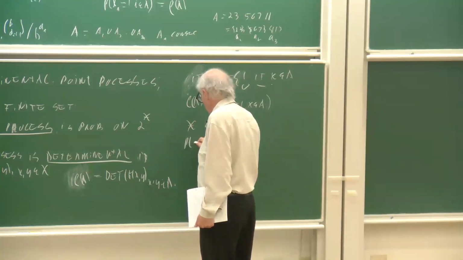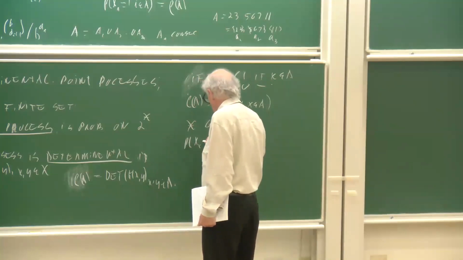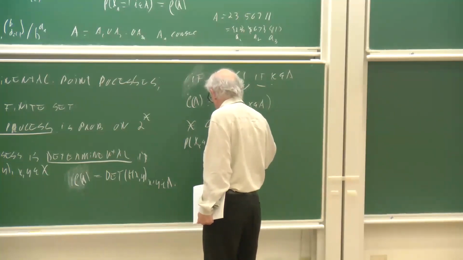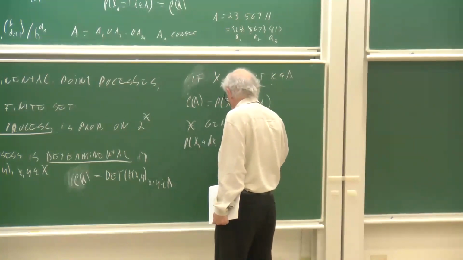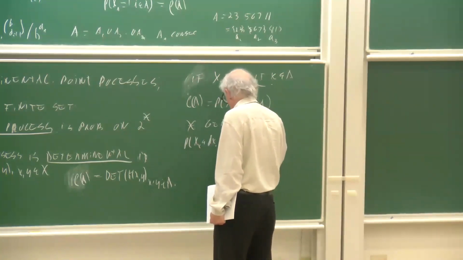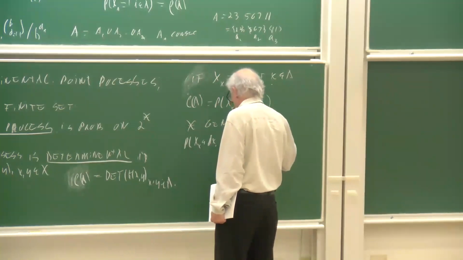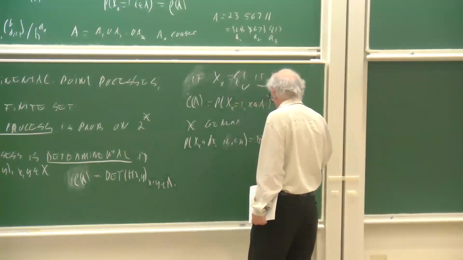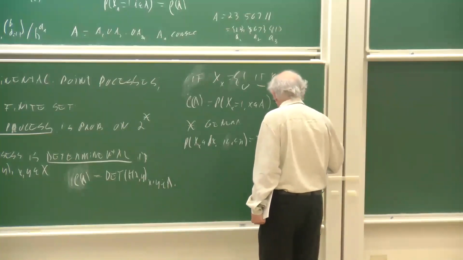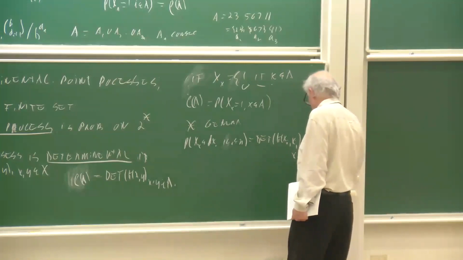The probability that chi of x_i is 1 for 1 less than or equal to i less than or equal to n is equal to the determinant of k of x_i, x_j, with x_i, x_j contained in A.